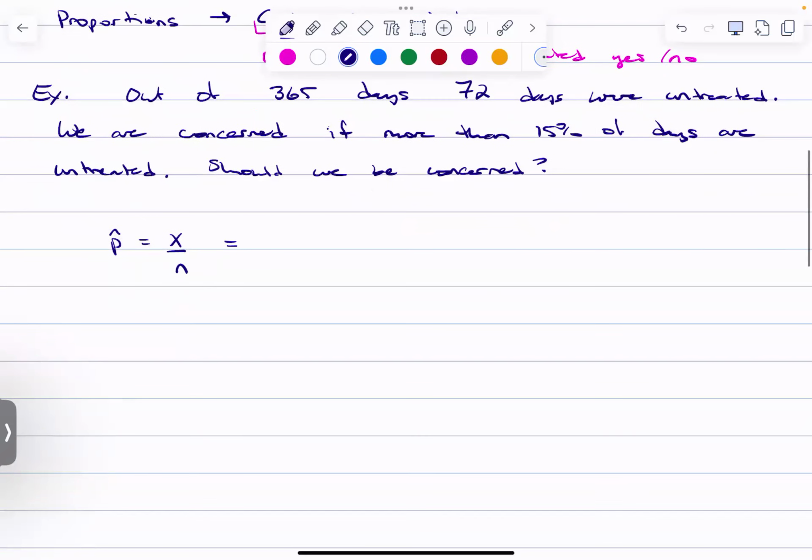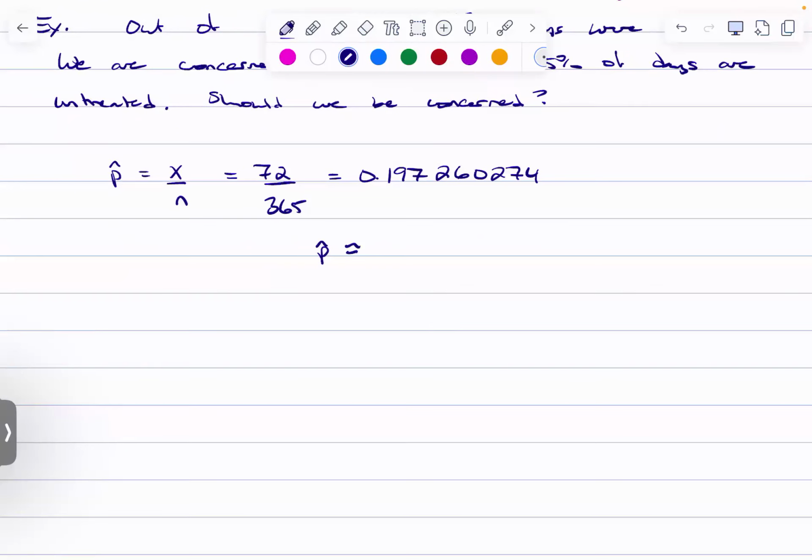So in this case, 72 over 365, which we're going to convert to a decimal, 0.197260274, or roughly, because I won't make you lug all those around, let's keep 3 decimal places. Ideally, you keep all of them, but I know you guys are averse. And it makes it nicer for our calculations.